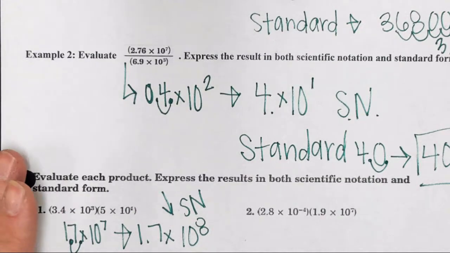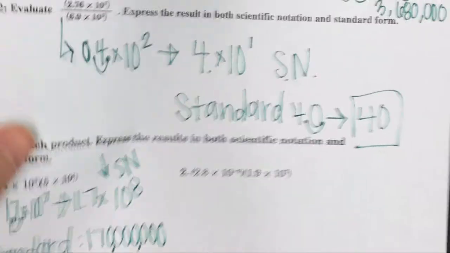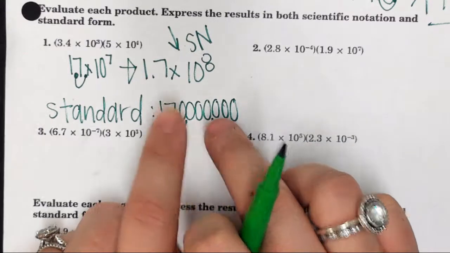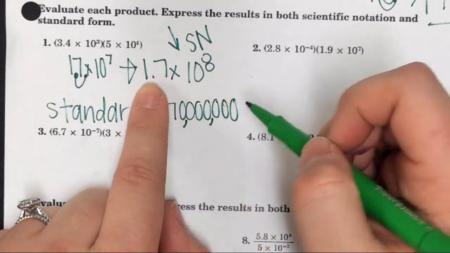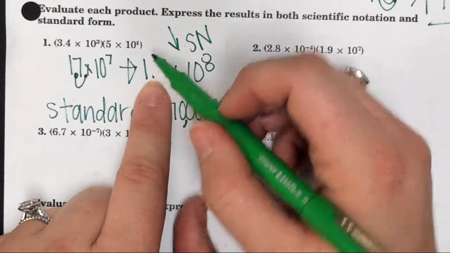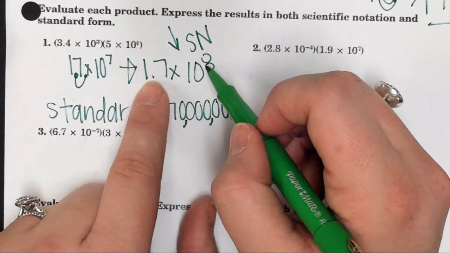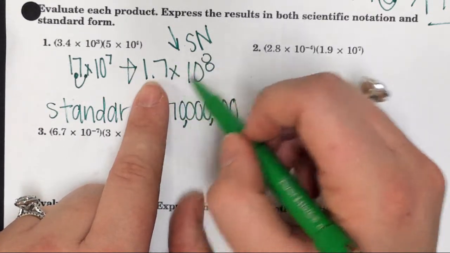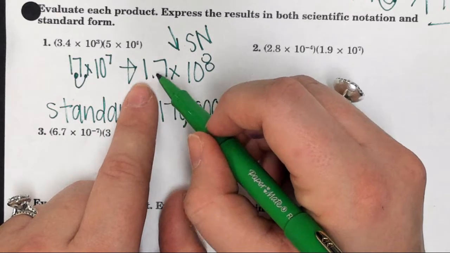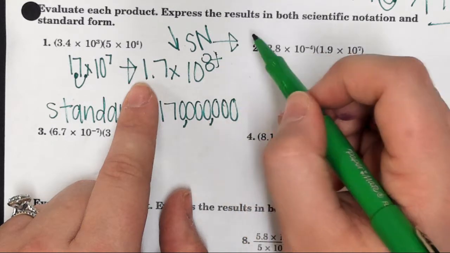So, which part? Standard form is not going to have any decimals. Standard form is all just commas and no decimals. Wait, doesn't number 3 have decimals? I'm not there yet. So in scientific, yes. 1.7 times 10 to the 8th, that's scientific. To get this into standard form, I need to get rid of this right here, which means move your decimal 8 places to the right, because this is positive, so I'm going to move this way on the number line.